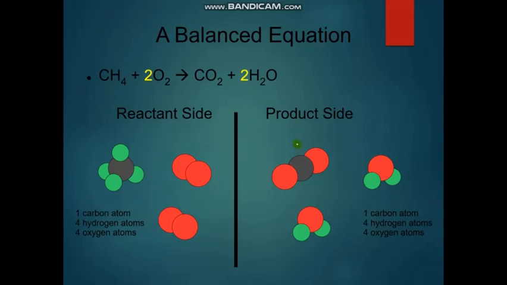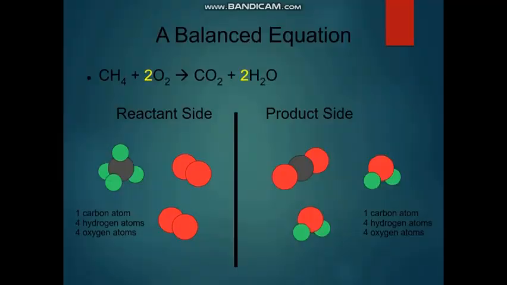So this is balanced because, as you can see, the number of oxygen is equal, the same as the carbon and the hydrogen. We have 1 carbon on each side, 4 hydrogen atoms, and 4 oxygen atoms.